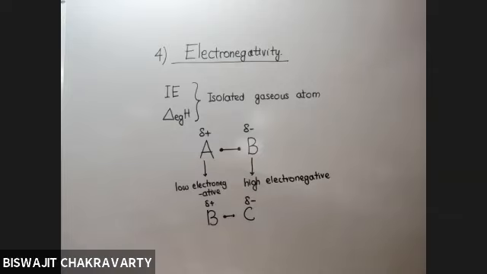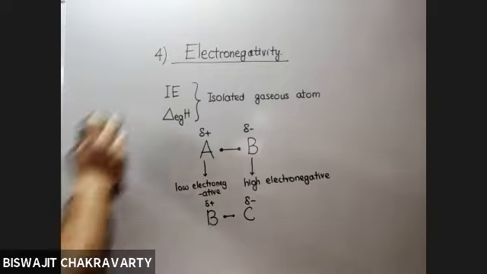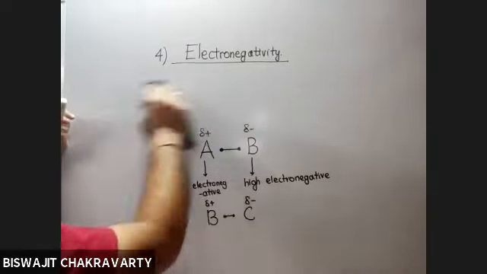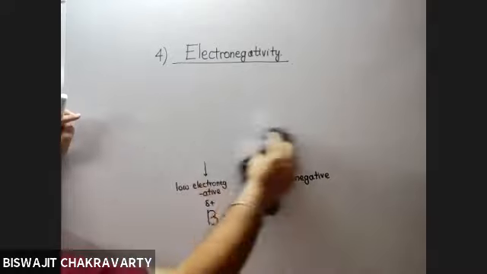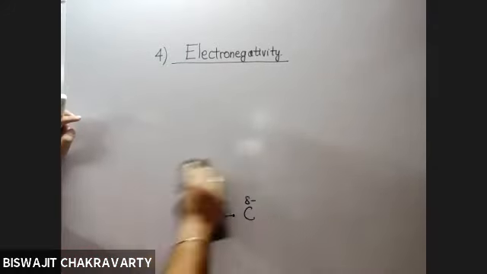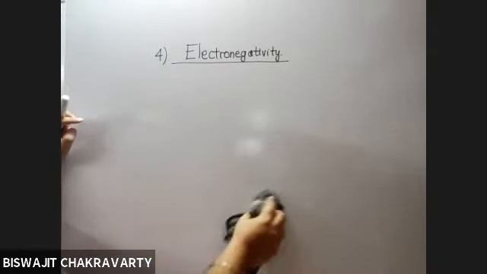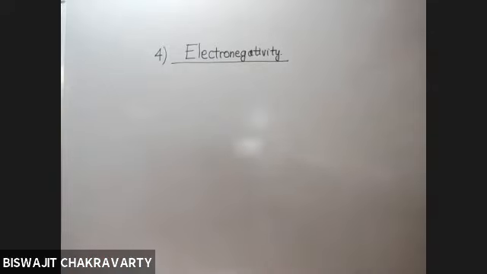And when we are to define the term electronegativity, so write down the definition so that you can understand it in a better way and you can differentiate it from electron gain enthalpy.